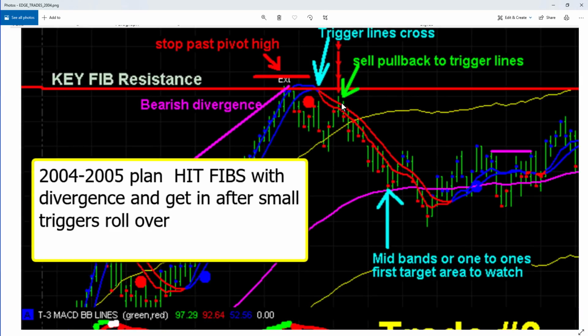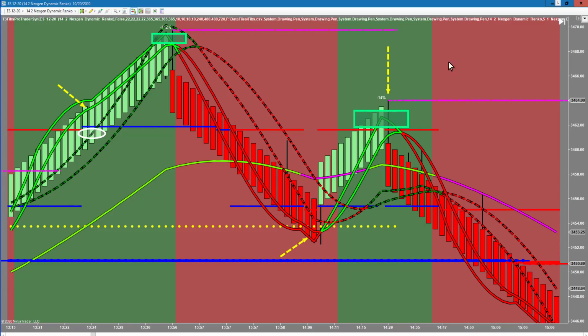It's been a very great trade for a long time, 16 plus years. So when you look at your charts in today's environment, you're going to see this. You're going to see a fib, and then you'll see divergence. And then after the triggers roll, you'll start looking at the charts a little bit differently.